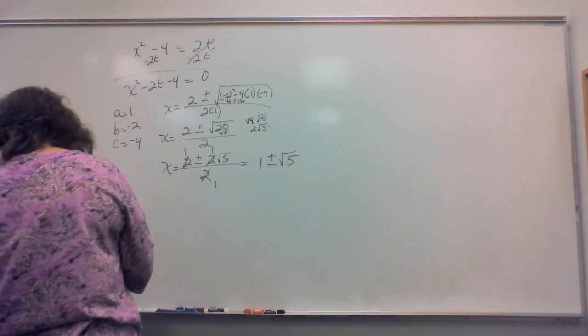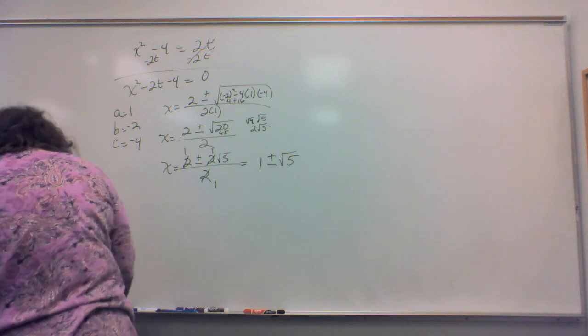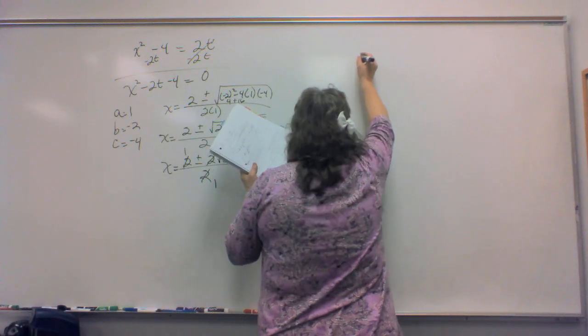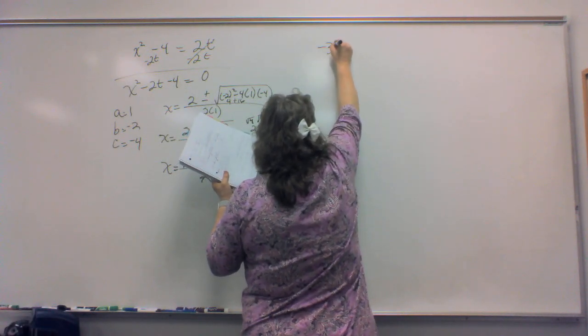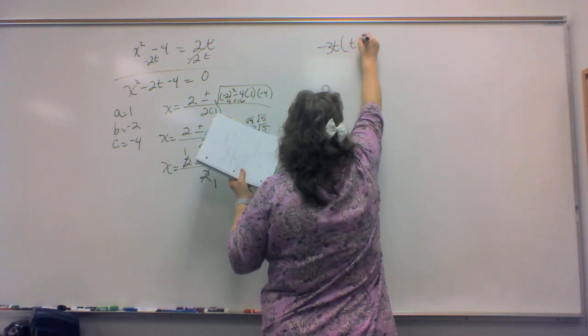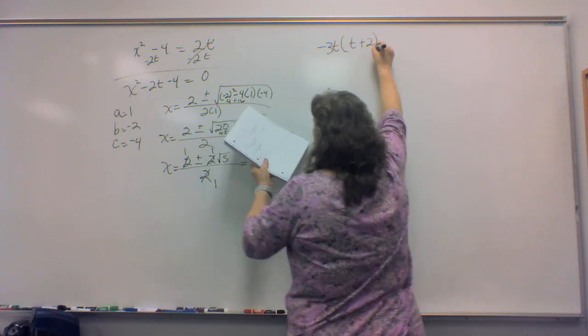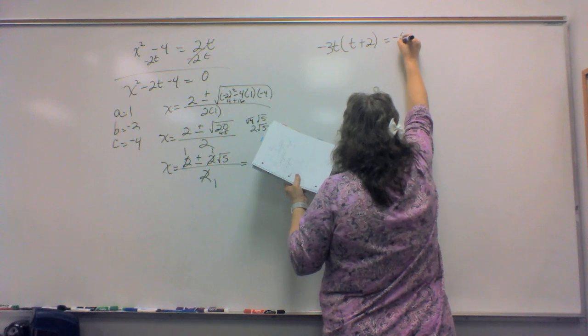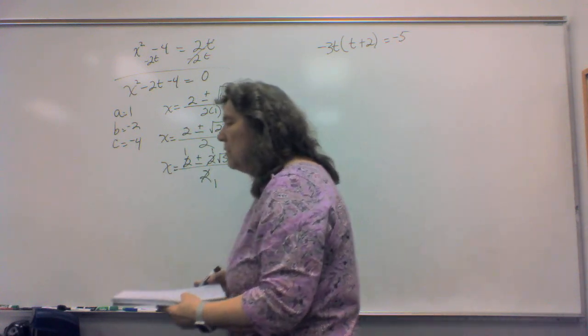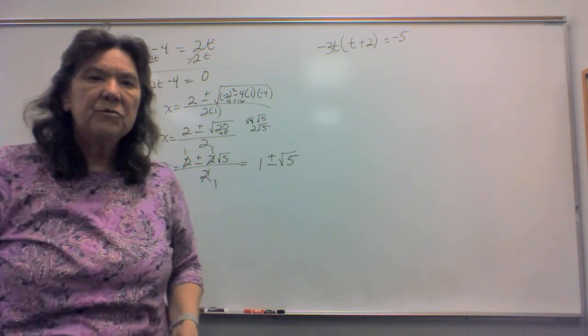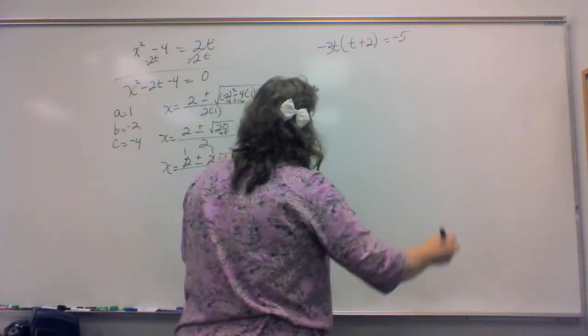Okay, let's look at another one. Sometimes you have to simplify before you can do anything else. Okay? We'll have to distribute that negative 3t before we can do anything.